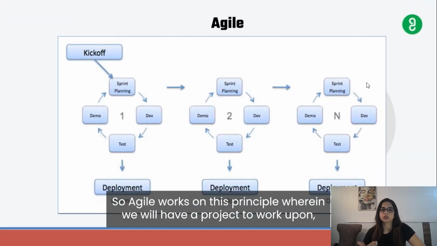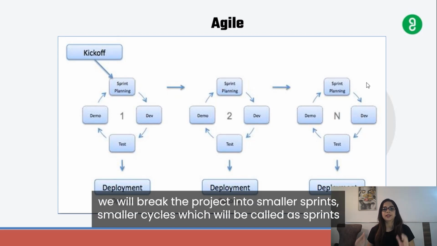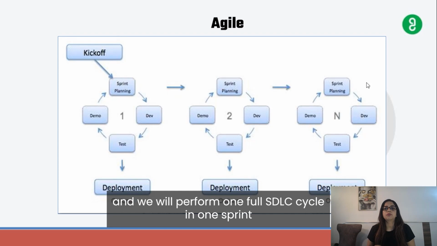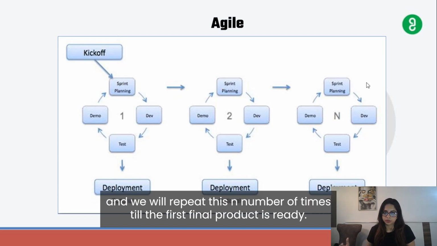So Agile works on this principle wherein we have a project to work upon. We break the project into smaller cycles, which are called sprints, and we perform one full SDLC cycle in one sprint, and we repeat this n number of times till the final product is ready.